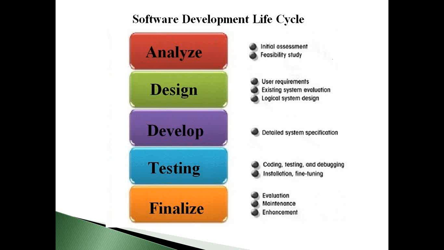When it comes to the testing phase, we are going to write the code, test the application for the code we have written, and then debug. And finally, in the final stage, we are going to evaluate and do maintenance, and handle any enhancements or changes to the requirements.